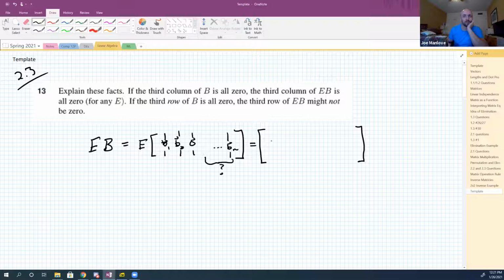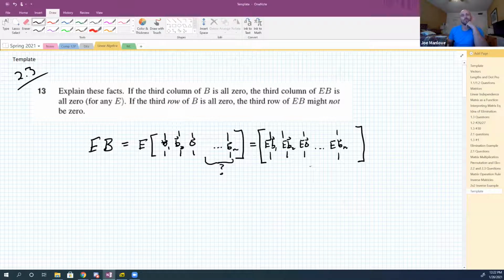So I'm going to have EB1 as my first column of EB, and EB2 is the second column, and E times the zero vector is my third column, and then some stuff happens, and then I have EBn as my last column. You guys all good with that? So really this boils down to figuring out what E times the zero vector is.